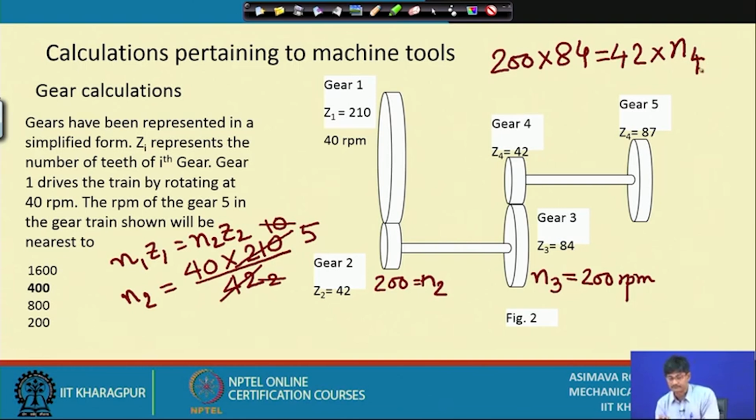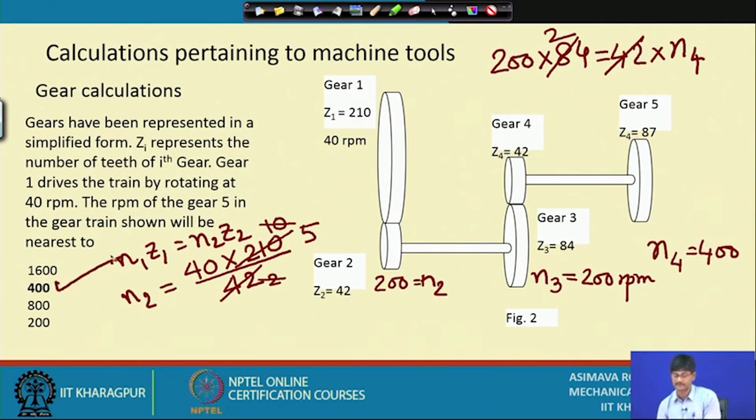That is good. So, we have this one cancelling out twice, and therefore, we have N4 is equal to 400. N4 is equal to 400, and they are sharing the RPM. So, this will also have RPM equal to 400. N5 is 400. The RPM of the gear 5 is 400.